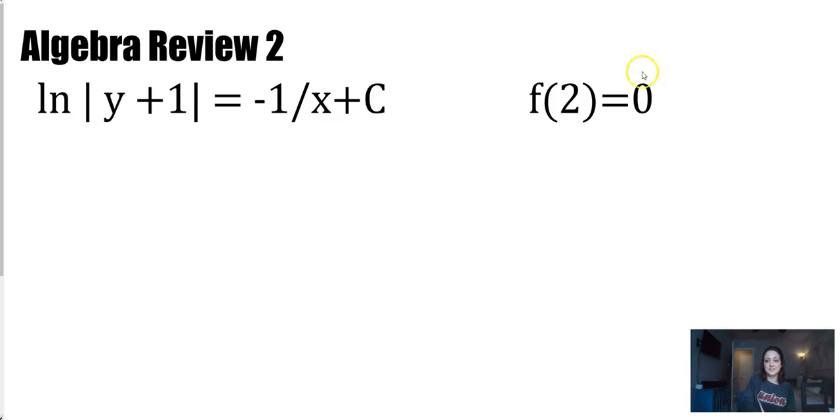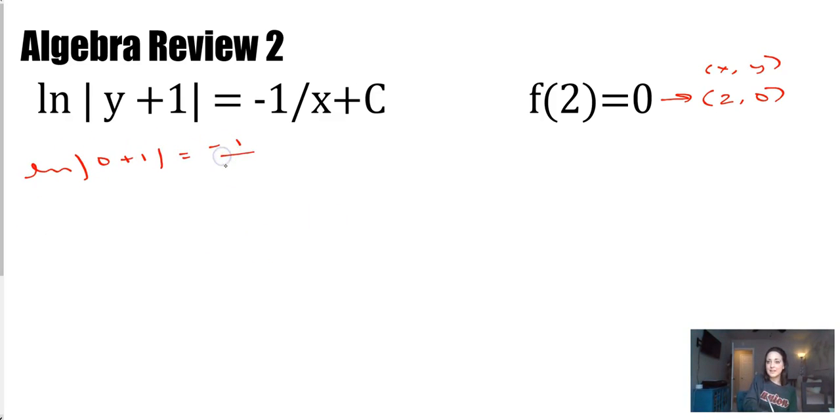All right, so first, I really do like to write this as an ordered pair, (2, 0), so I can see really clearly what's x and what's y. So I'm going to come in here and plug in 0 for y and 2 for x. Okay, so here I get ln of 1. Well, ln of 1 is 0.